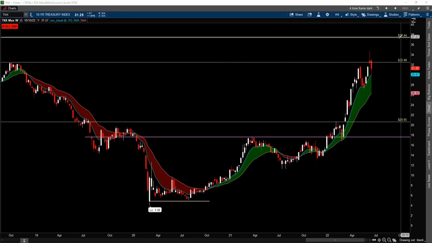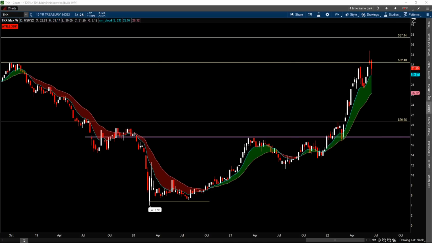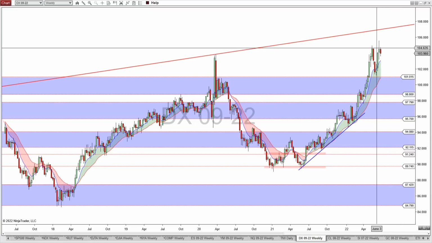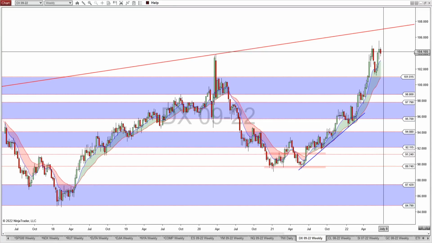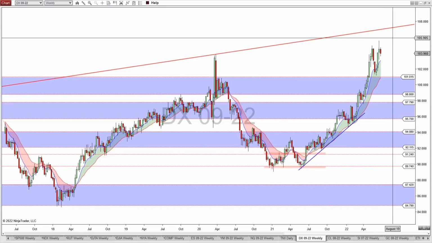That's basically what I'm looking at, somewhere around this 3.75 level. Looking at the US dollar here, we see that the US dollar is kind of chopping around, pulled back a little bit. And we're still waiting for this thing to push up to this 107, this upper trend line.